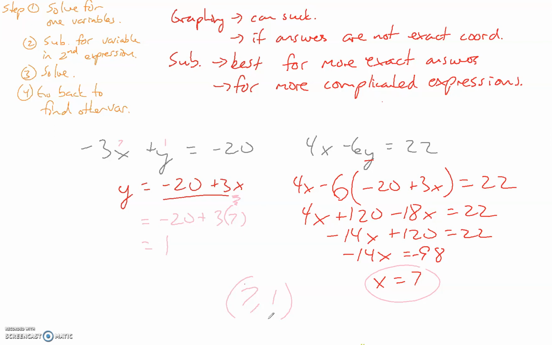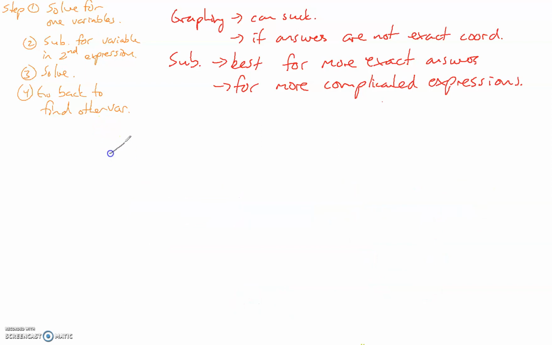Okay, so let's try another question. All right, so let's try x plus 8y is equal to -4, and I've got 2x plus 16y is equal to -8. Okay, so solve for the easier one.